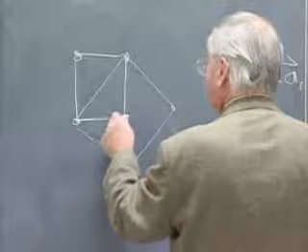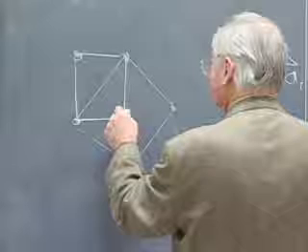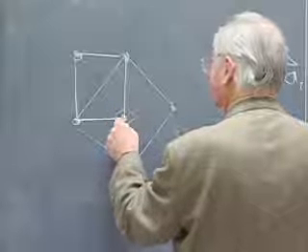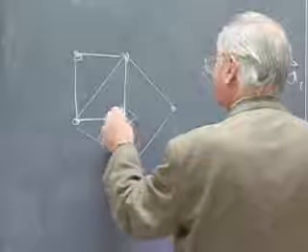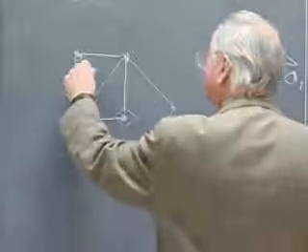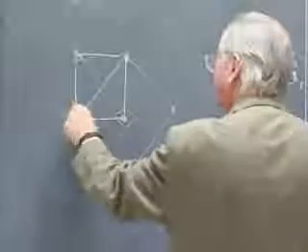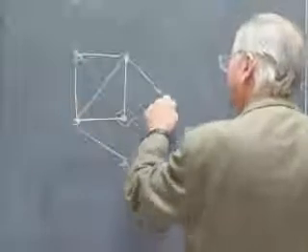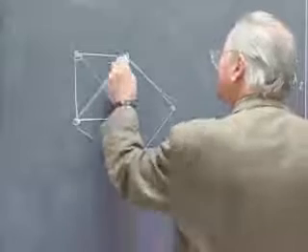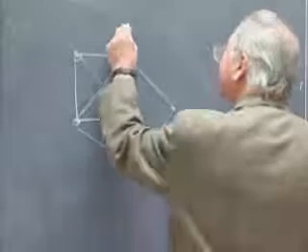But let me notice now that if this is the direction of a fourfold axis, rather than having the threefold axis come out of this direction relative to this super double square, I can make the threefold axis come out in this direction.